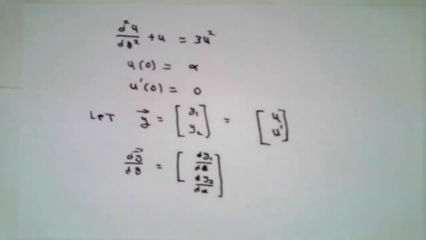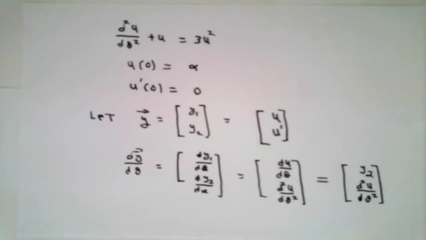As usual in this kind of situation, we'll define the derivative of vector y to be the derivatives of the components of y individually. But since y1 is u, the derivative of y1 is the derivative of u. y2 is u prime, so the derivative of y2 is the second derivative of u.